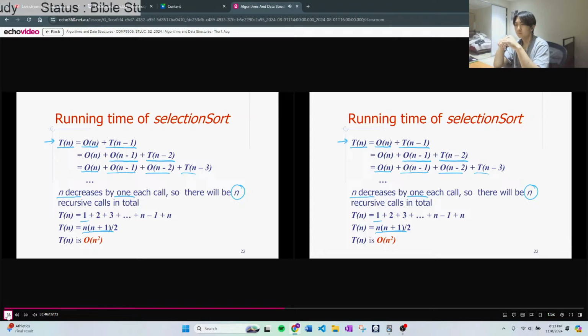Now, if it was me, I would abuse notation slightly differently to this, and I'll show you what I would do. I would first write T of n equals, you can get rid of the O, for example, is one thing to make this simpler.